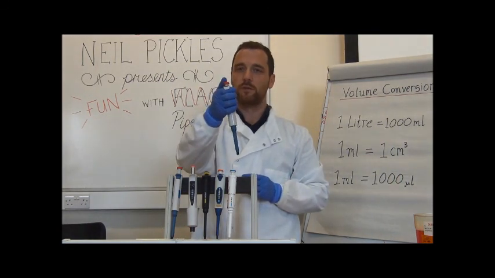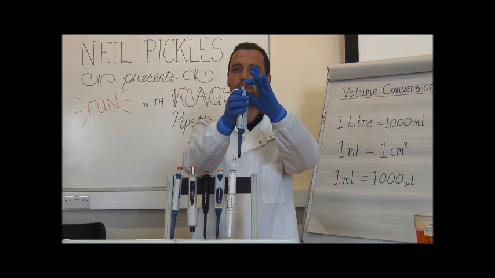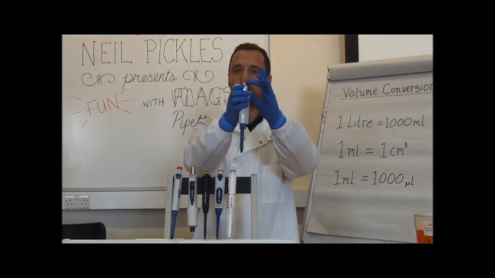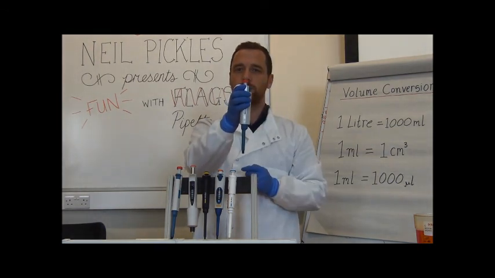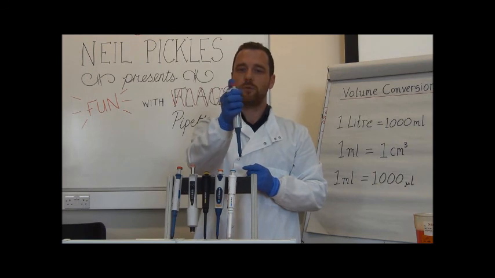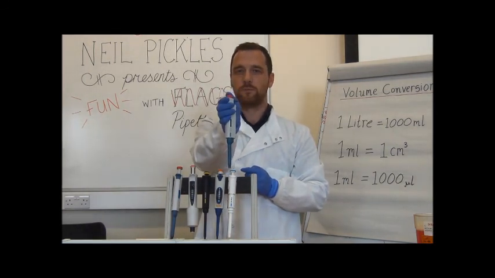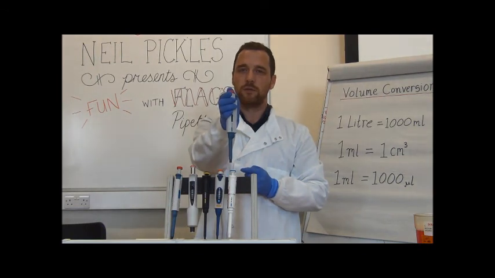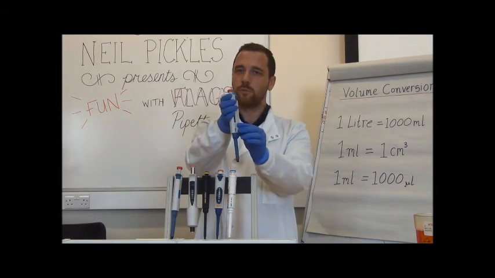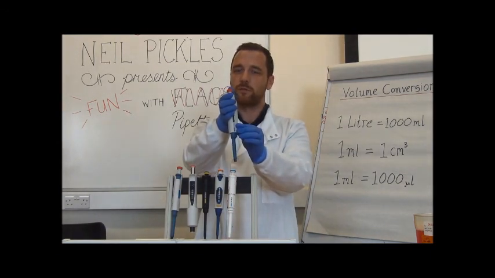To use a pipette, there are two graduation points on the plunger. To bring a solution up, we press down to the first stopping point, and then to release a solution we press all the way down. We will show you this more in some example videos when we deliver different volumes of solution.